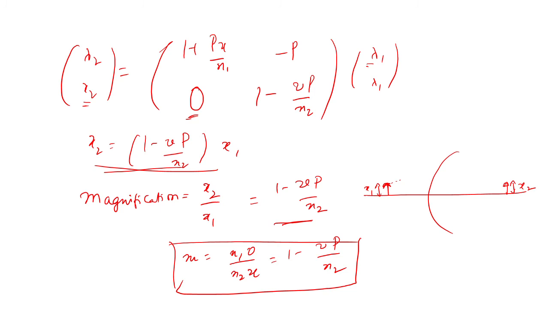For example, we did translation, then refraction, followed by translation, to look at how a ray from an object goes through the refracting surface and goes to the image. And from this matrix, we were successfully able to reproduce the thin lens equation, which was n2 by v minus n1 by u is equal to n2 minus n1 by r, or it is just simply p, the power.